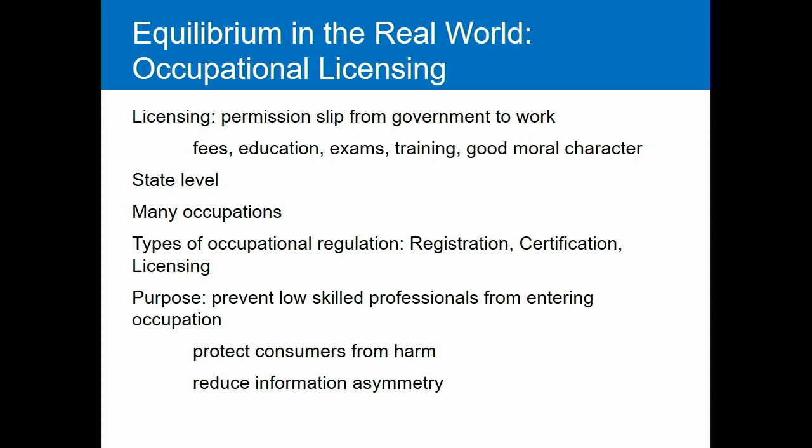Now there are three main types of occupational regulation. There's licensing, which is the most strict: you literally cannot do this job unless you have your license. Then there's certification, which is a little less in depth. If you call yourself a CPA, you need that certification, to pass those exams, to pay those fees. But you can still be an accountant and do accounting without getting your CPA.